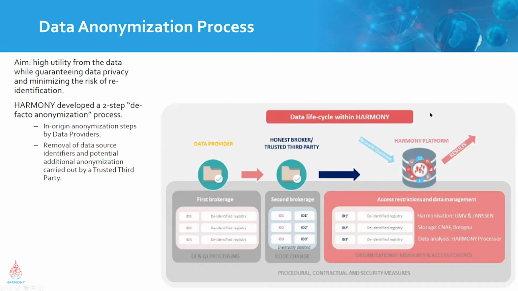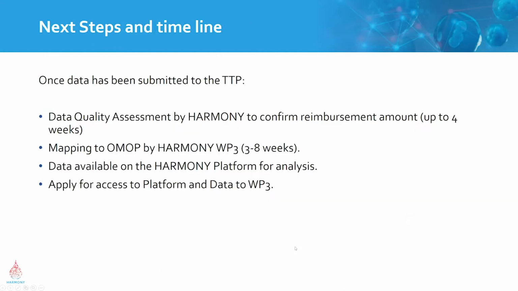The Harmony platform is based in Italy and the third party is in Germany, so there's a clear separation between these two groups. As a data provider, you deal with the trusted third party, or honest broker, as it says here. And that is how we assure that the data on the platform is anonymous.